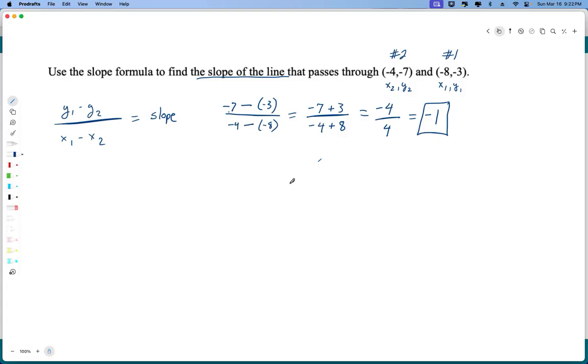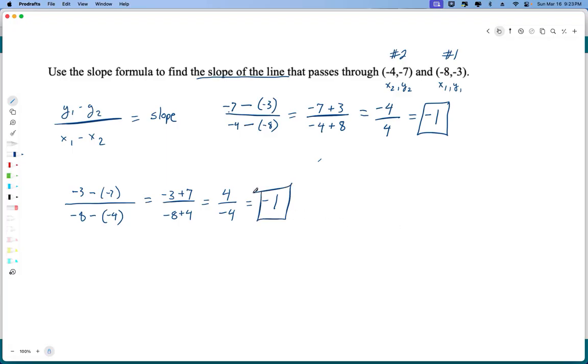So then I could say -3 over -8 minus, and then x2, y2, that would be a -7 and a -4, right? So then when I calculate my slope, I have -3 plus 7, and I have -8 plus 4. So then I would get a +4 over a -4, which is still equal to -1.